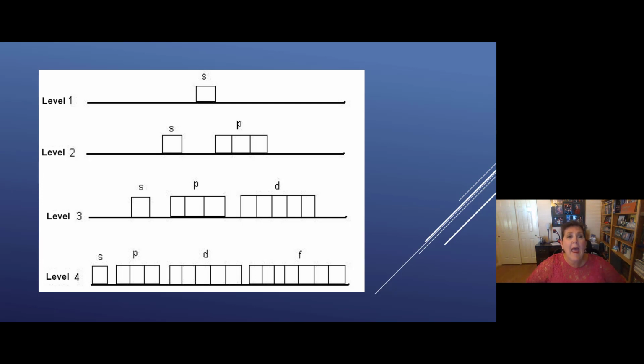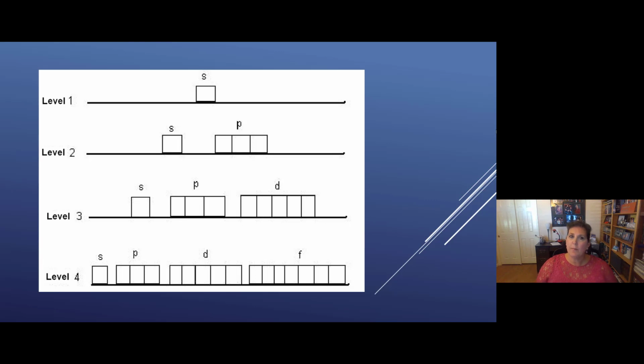You can put 8 electrons on level 2, and so forth. Again, as we go down level 1, 2, 3, 4, we get bigger and we have more sublevels. As we go S, P, D, F, the sublevels get bigger and have more orbitals, and we can put 2 electrons in an orbital.